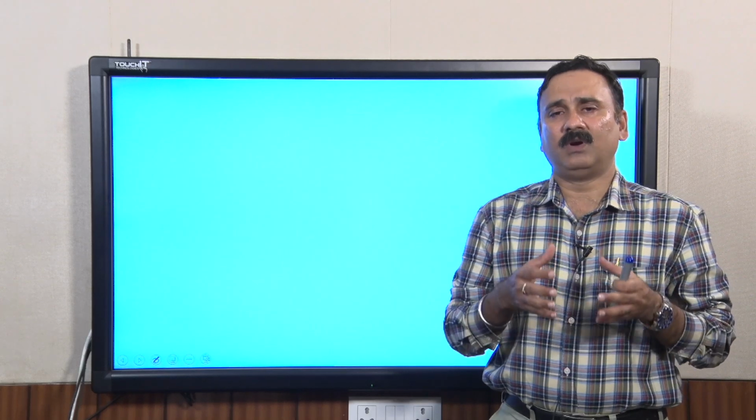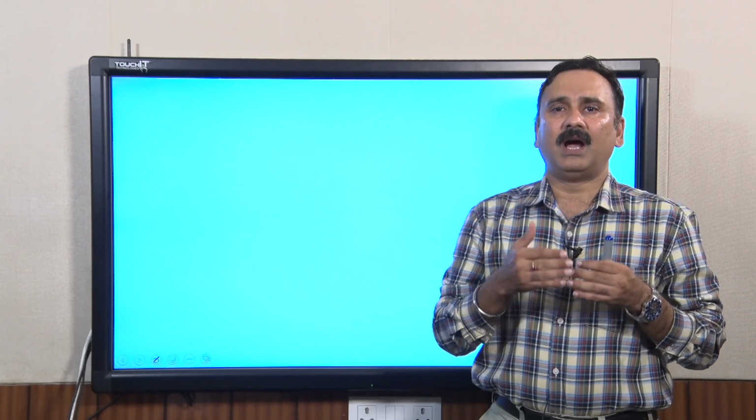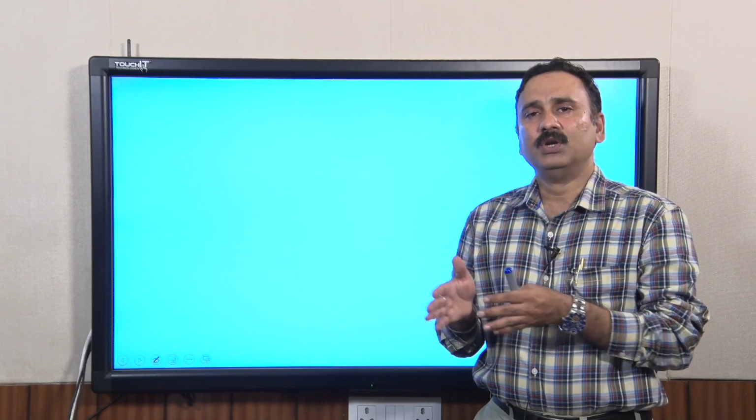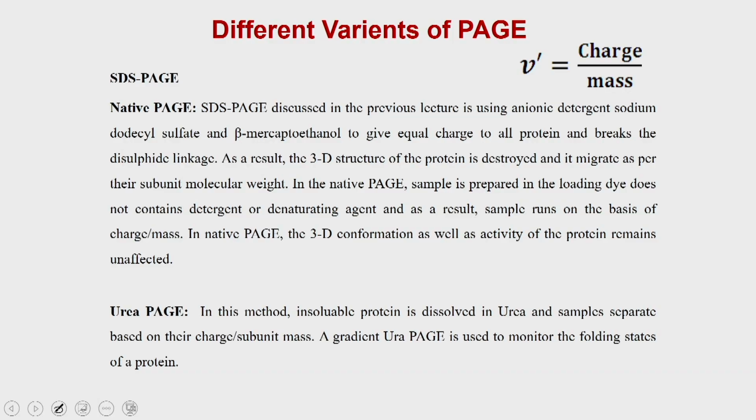So, the first thing we have to discuss is the image you got and how that image can be used to answer many questions. Apart from SDS-PAGE, you have different variants of polyacrylamide gel electrophoresis.